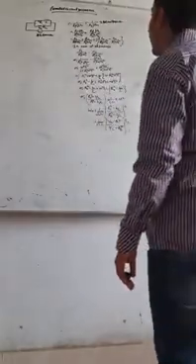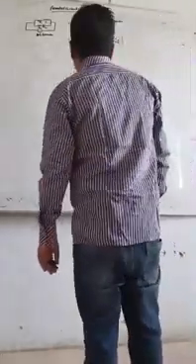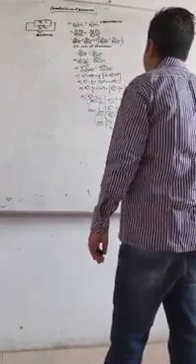So XC divided by (R2 square plus XC square) is equal to XL divided by (R1 square plus XL square).